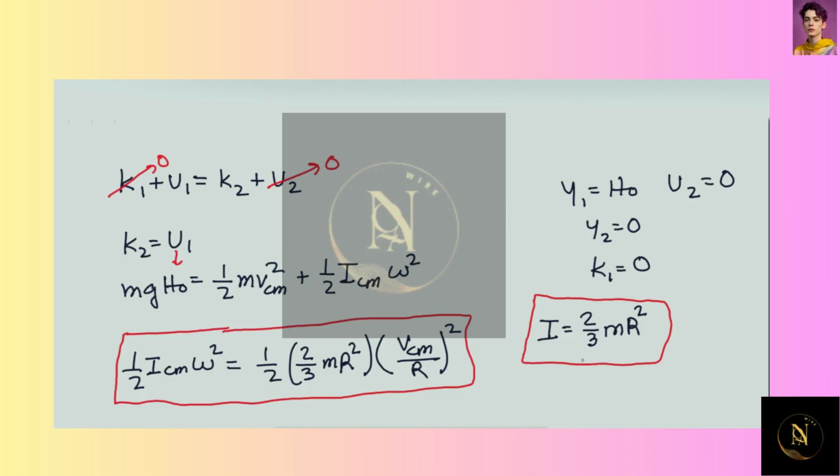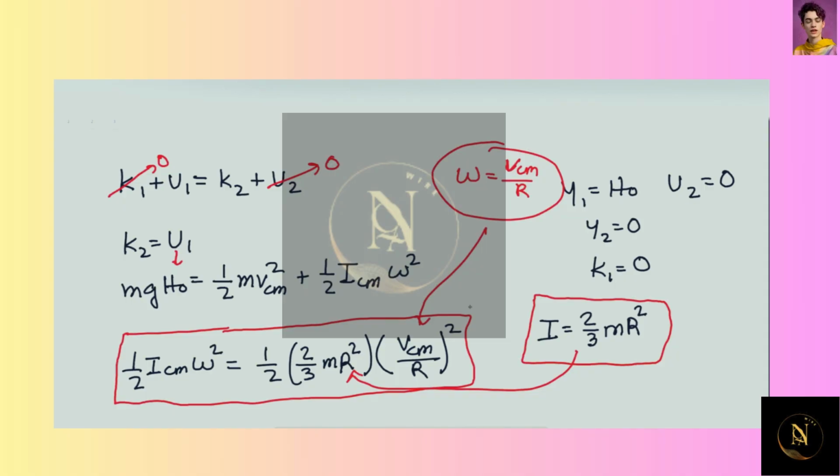So we substituted this quantity right here, and for omega, since it's rolling without slipping, omega becomes v_CM over r. So we put that over here.